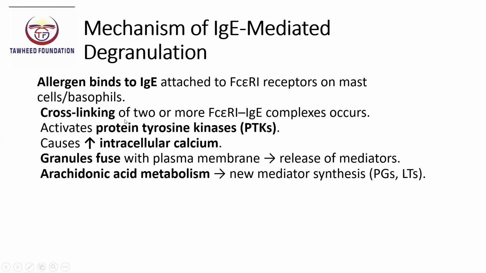Degranulation requires cross-linking of two or more complexes. This cross-linking sends a signal inside the cell that activates protein tyrosine kinase and increases intracellular calcium levels. These signaling events trigger granules within the mast cell to fuse with each other and with the plasma membrane, releasing preformed mediators such as histamine.